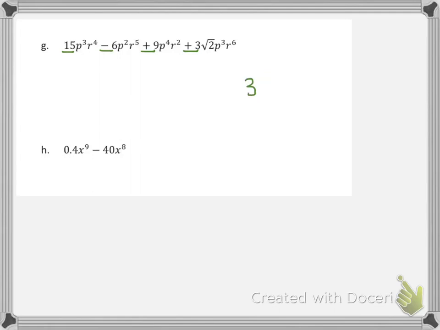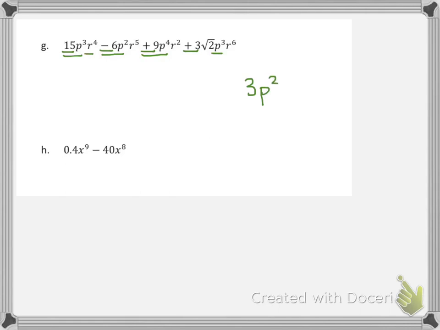Well, maybe there's more. Let's see. P cubed in this one. P squared in this one. P to the 4th here. And a P cubed again. So there's at least a P squared in each one. So I'm going to take a P squared out of each one. What about the R's?